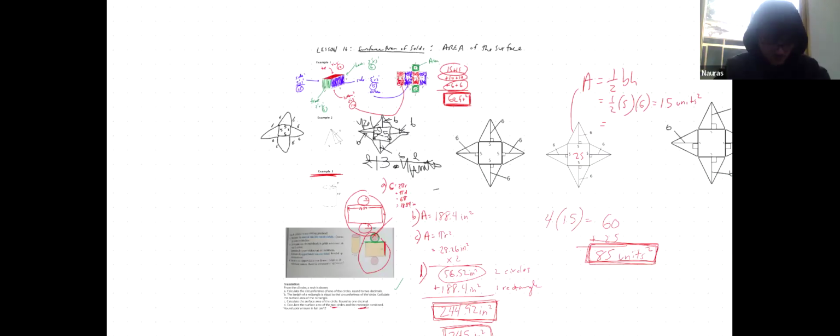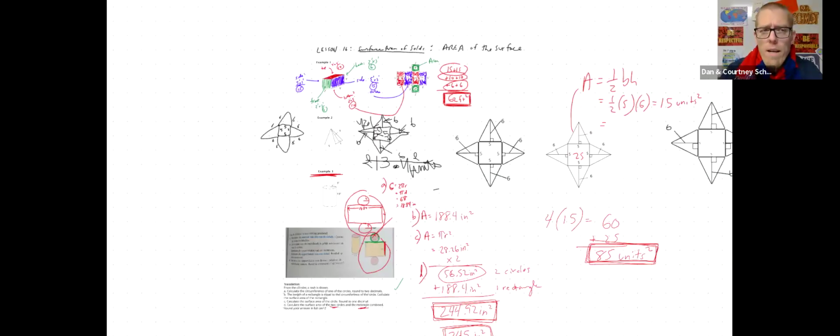Mr. Ram, what do they mean, the lateral side of a cylinder? Can you read the whole thing? Question says, in order to find the area of a lateral side of a cylinder, multiply the blank by the blank of the base.